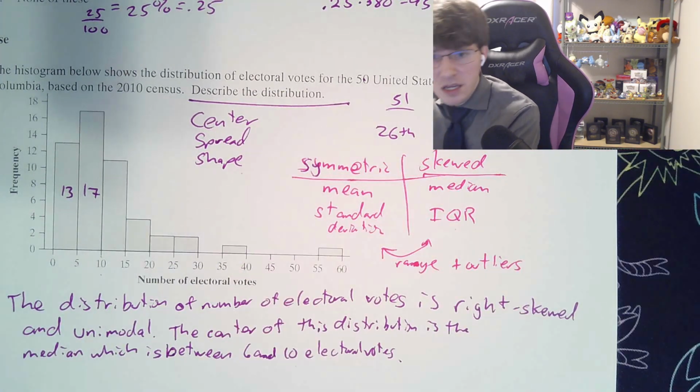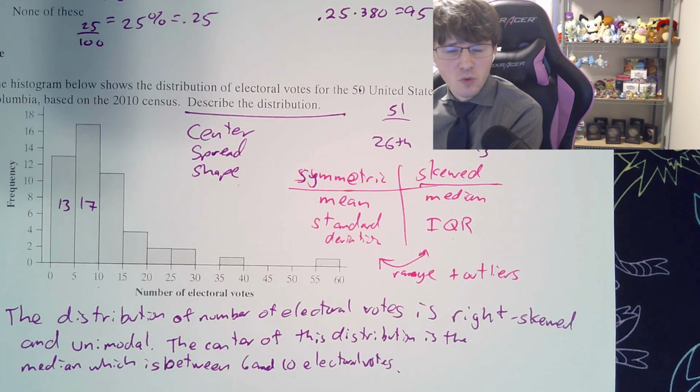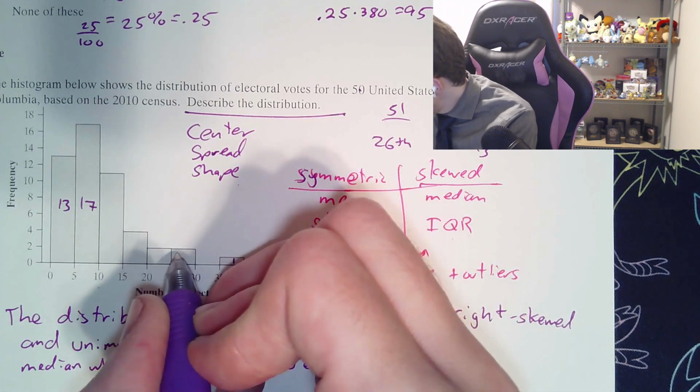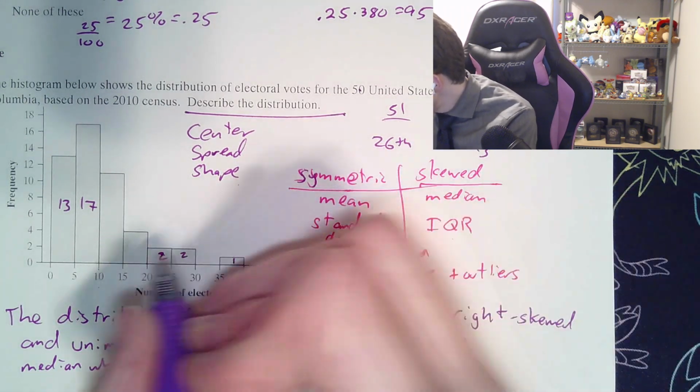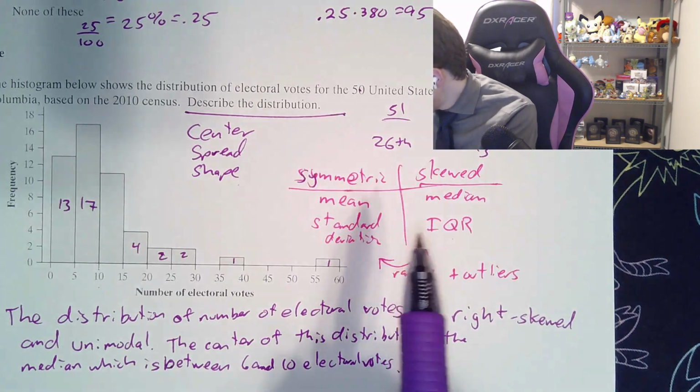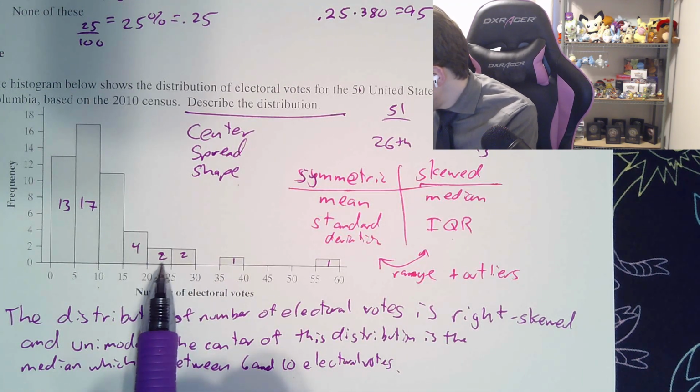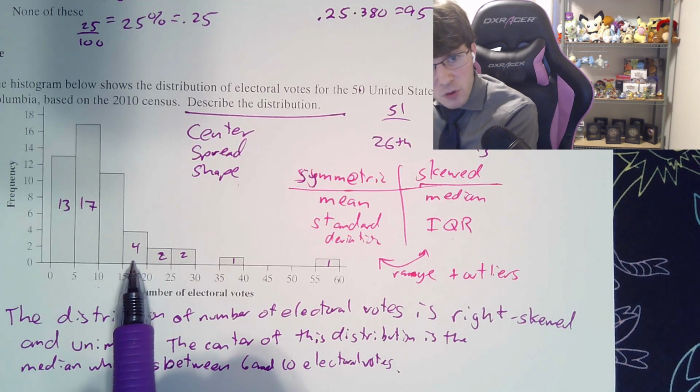For Q3, we need to figure out from the other end where approximately the 13th and 14th from the end is. So here is 1 state, 1 state, 2 states, 2 states. This is 4 states. Have we gotten to 13 yet? 1 plus 1 is 2, 4, 5, 6, 7, and 4 more is 11.